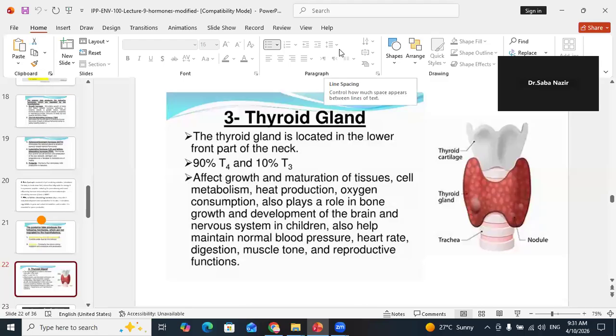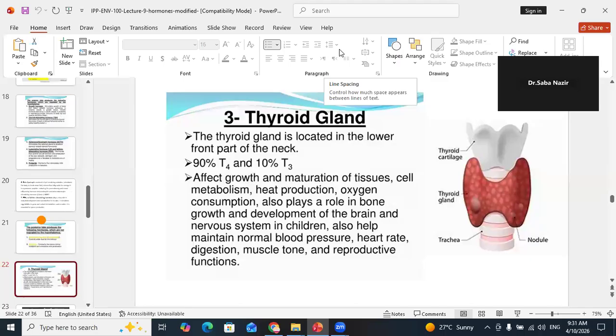What do the secretions affect? How do they regulate the body function? They affect the growth and maturation of the tissues, cells. They affect the metabolism, the heat production, oxygen consumption. You can understand that when we respire, we release heat energy. So when we touch a dead body, it appears to be colder.